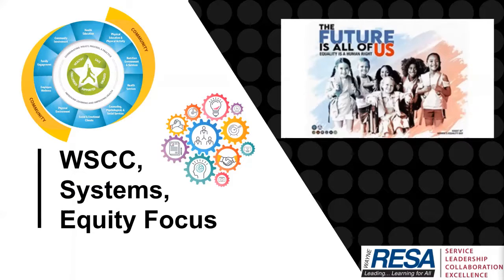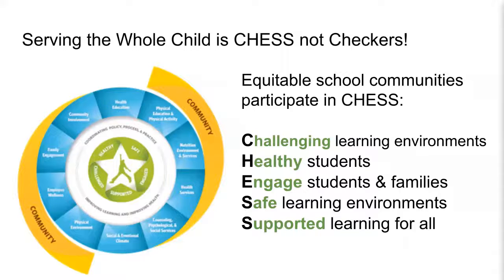And then those same school leaders use the funding intentionally to provide students with the supports, scaffolds, supplies, and encouragement needed to be successful. Equitable school communities participate in chess.